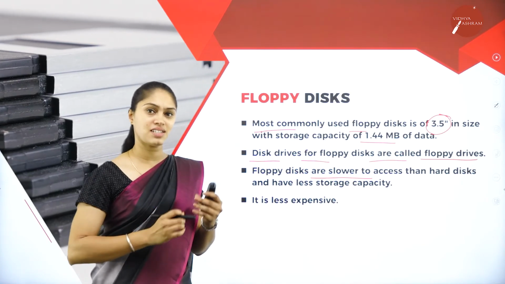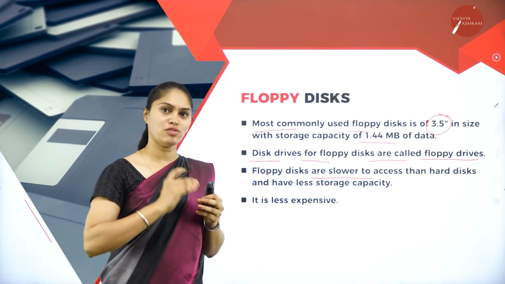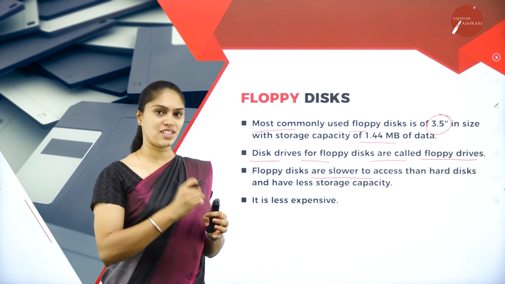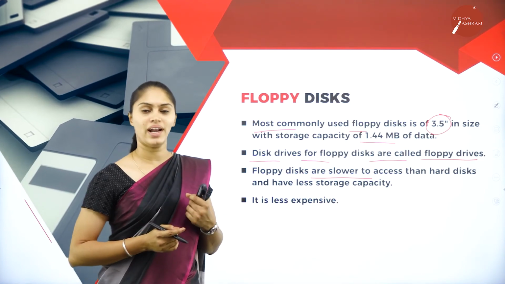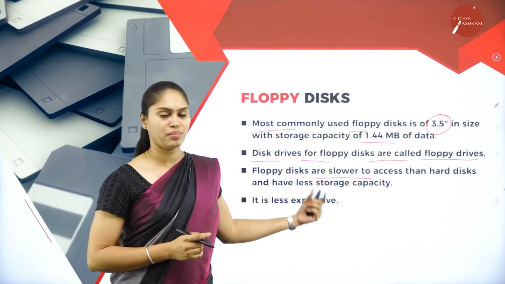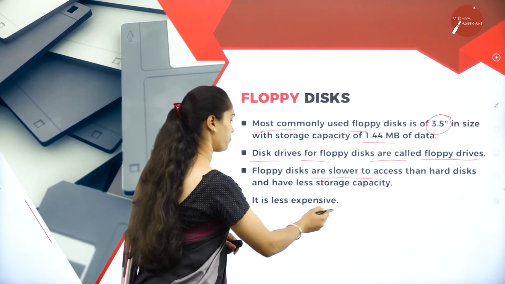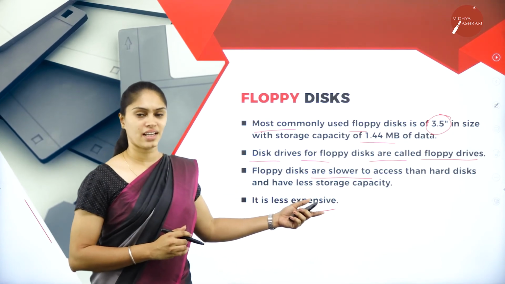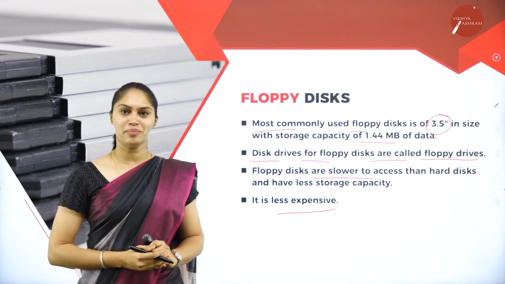As I discussed, access time is an average time: it finds the location and fetches the content of that location. Whatever time is required, I call that the access time, right? For that access purpose it will be slower, and it is less expensive, that is, cheaper in cost. So this is regarding the floppy disk.